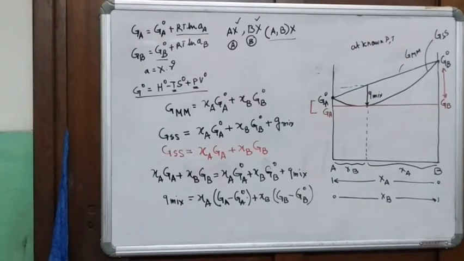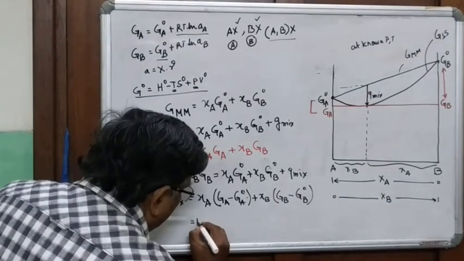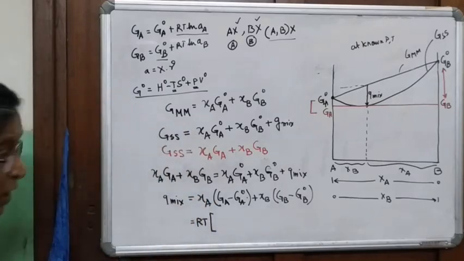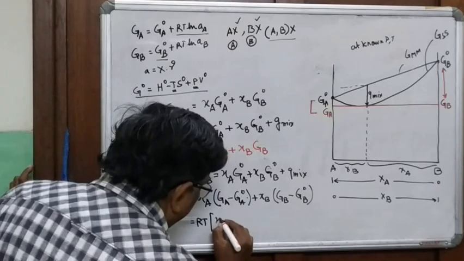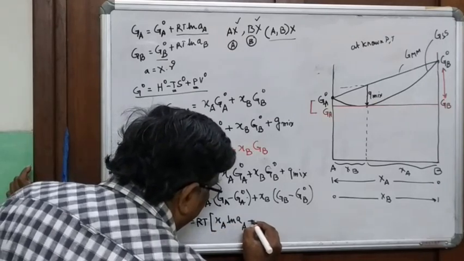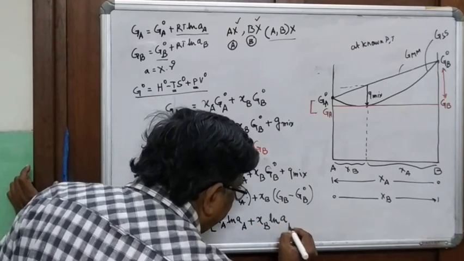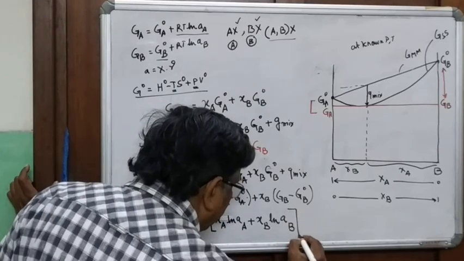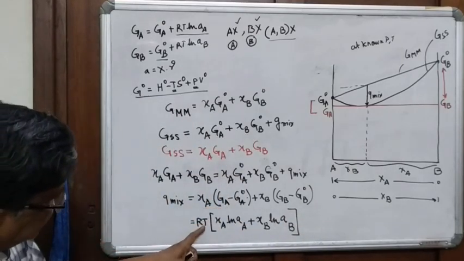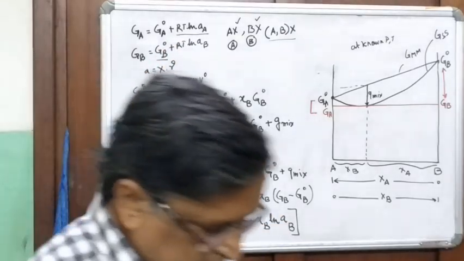So what happens is, therefore we can write RT, we can also write RT XA ln activity A plus XB ln activity B. Why? Because GA minus G0 is equal to RT ln activity A. So we can write this down.